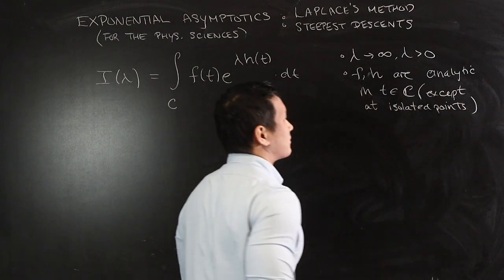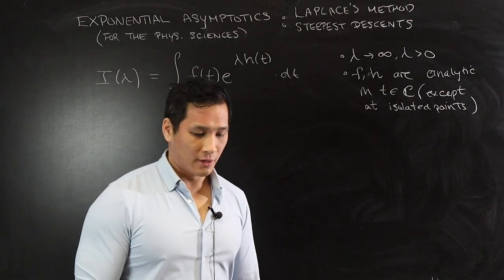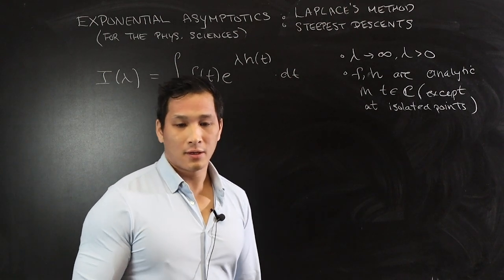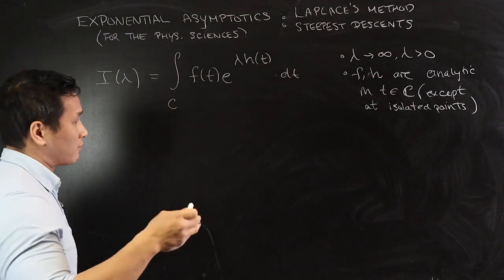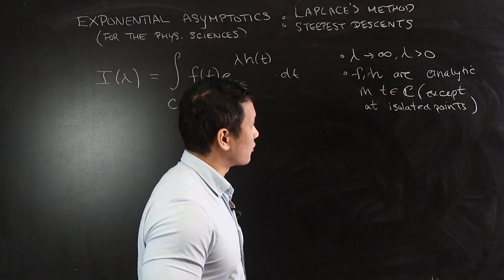I put that in brackets because basically f and h can have things like they can be logs, they can be t to the 1/2, they can have branch points, or they can be completely smooth as well, completely analytic everywhere in the complex plane. Okay.